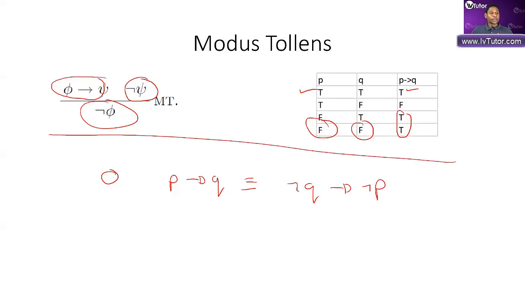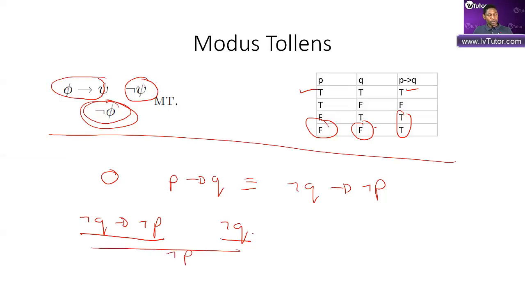So if you have got the negation of this, if Q is false, and P implies Q is true, then not P has to be true. Right. So in other words, if you've got not Q implies not P, and you also have not Q, then we are saying this is true, and then this is true, therefore not P is also true.